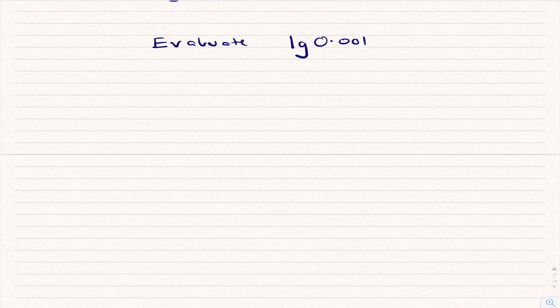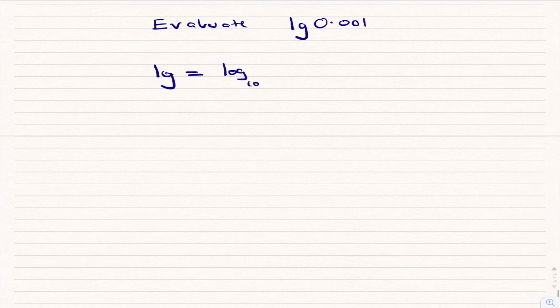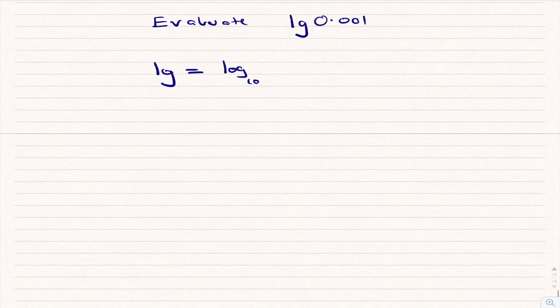In this case, lg is also equal to log of base 10, like we know. So we can write this properly then. Log of base 10, 0.001 equals x. You always equate it to x if you're not given what it's equal to, because we don't know what x is. Now, there's an interesting thing here.